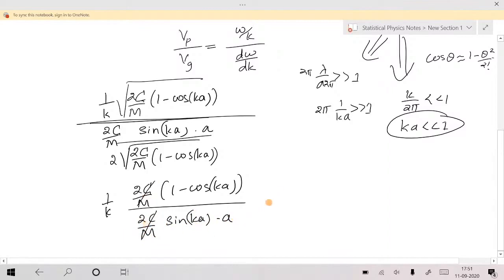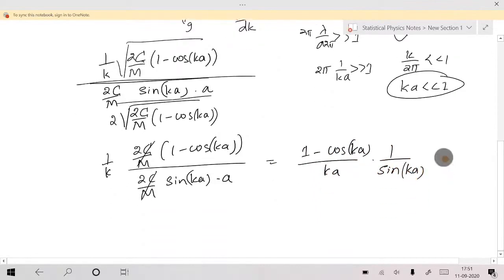What you can write here is 1 minus cos ka, whole divided by ka, into 1 by sine ka. This 1 minus cos ka, when ka is very small, we can write as 1 minus, 1 minus ka the whole square by 2 factorial.